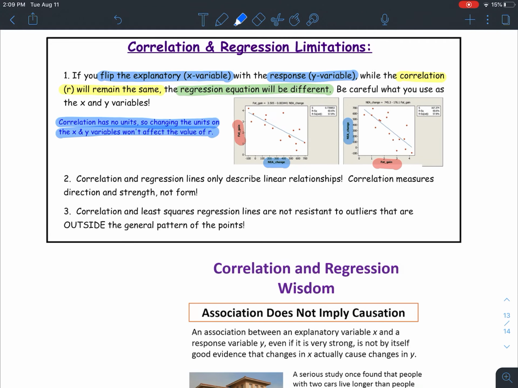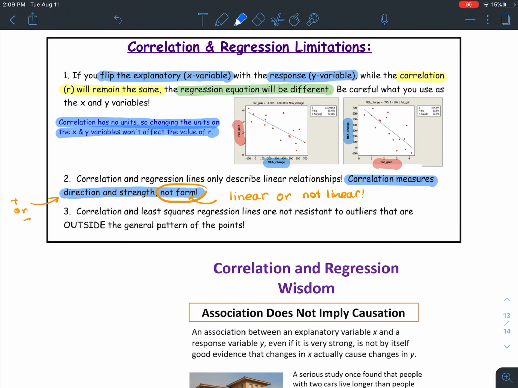So it's very important that you're careful with what you're using for your X and your Y variables. One other thing, remember the correlation does not have any units of measurement. So that's why, if you were to flip-flop or change any units, it doesn't impact your R value at all. Also keep in mind the R, the correlation, only tells you the direction, and by that I mean positive or negative. And it only tells you the strength.